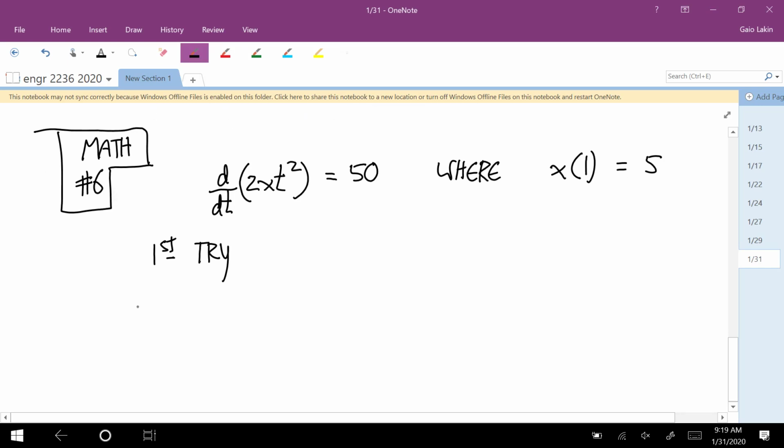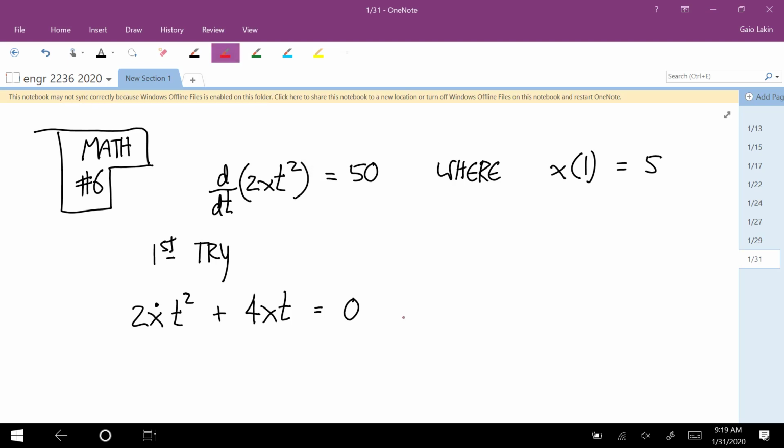If you take that derivative, you get 2x dot t squared plus 4xt is equal to 50. And once you get here, you can't use separation of variables. This one doesn't work with separation of variables.